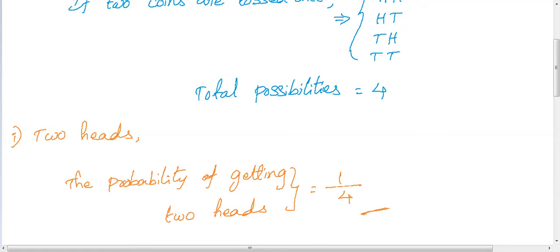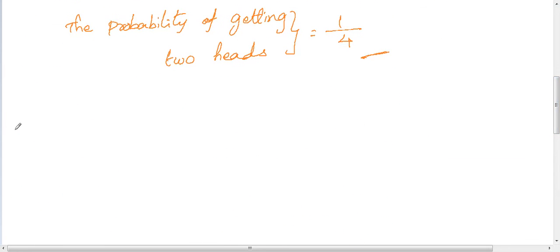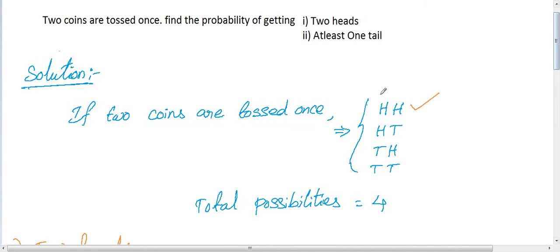And the next one is the probability of getting at least one tail. At least one tail. So what are the possibilities? We need at least one tail.